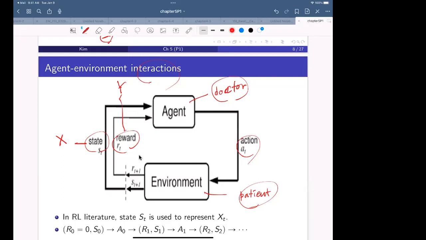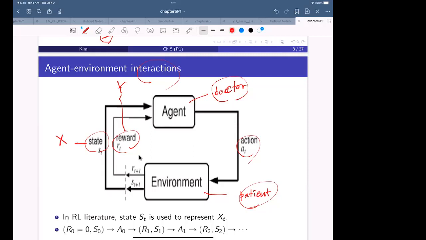Whoever collected the data and made the decisions had no idea about the optimal rule at all in the beginning. So that's just external data that I want to use to make a decision, while in reinforcement learning, the agent is smart enough to make the best decision it can while learning. So the context is somewhat different.